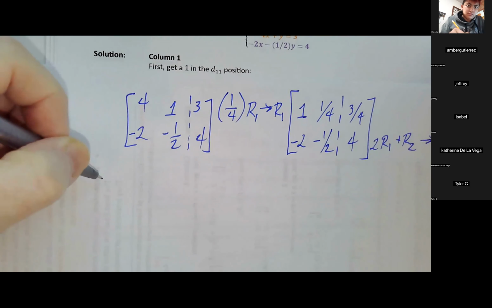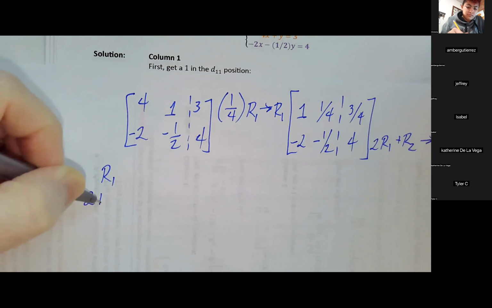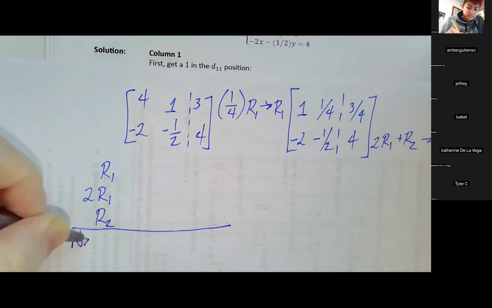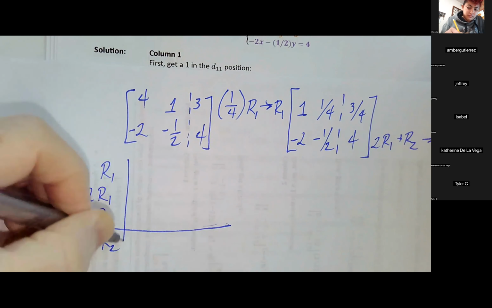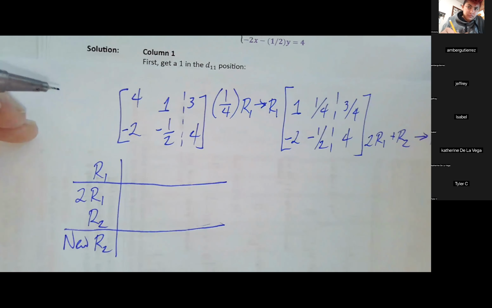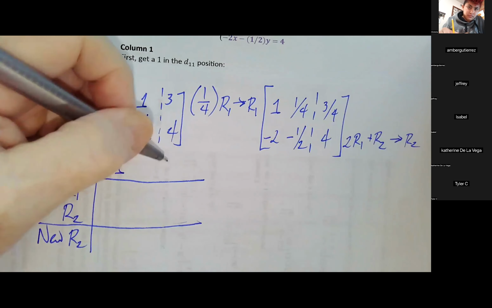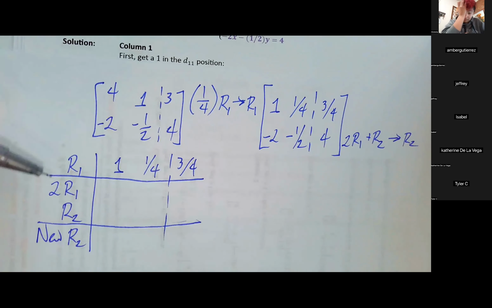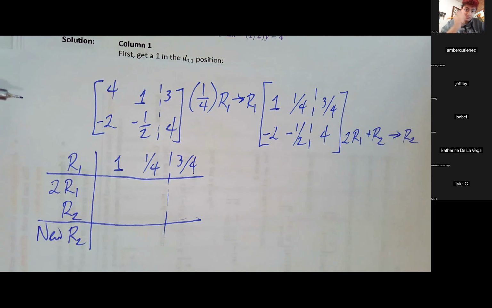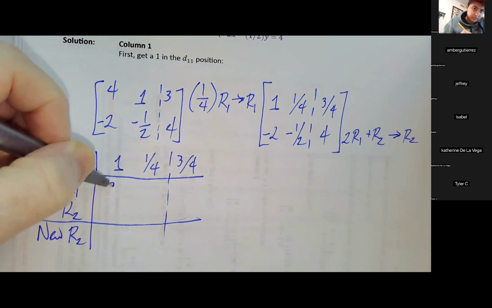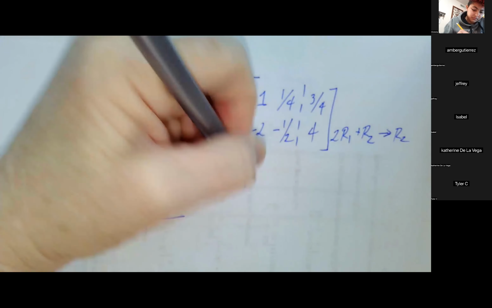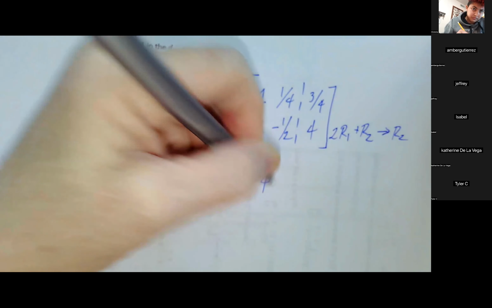All right. So we've got row 1, 2 times row 1, row 2, and a new row 2. Where row 1 is a little bit ugly: 1, 1/4, 3/4. So let's see, 2 times 1 is 2. Okay. What is 2 times 1/4? So here we've got 2/1 times 1/4.